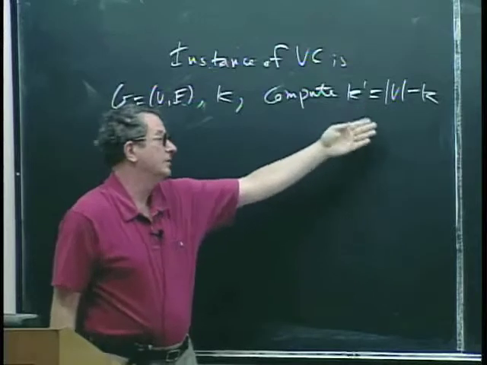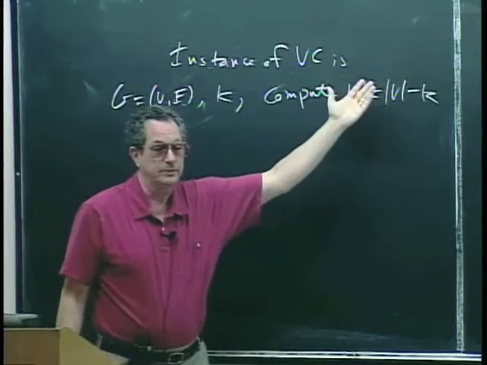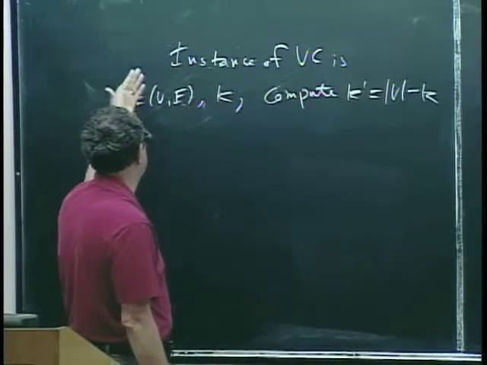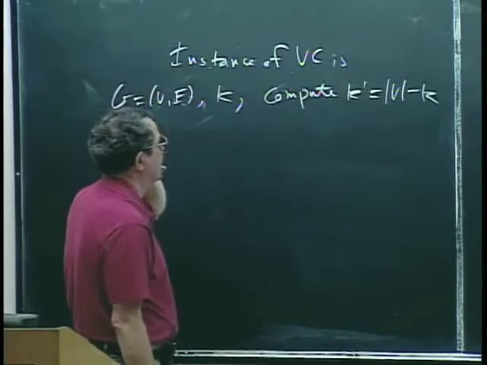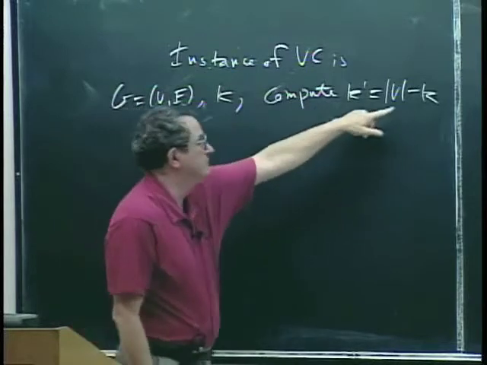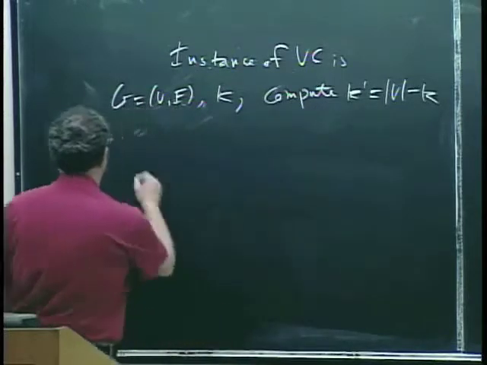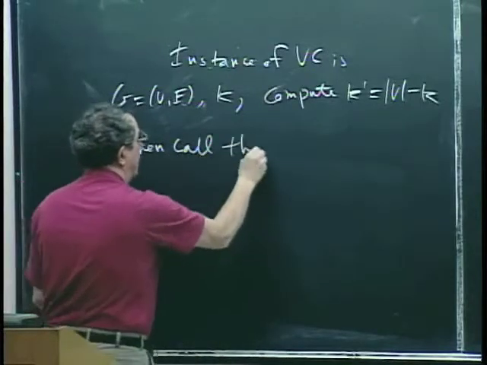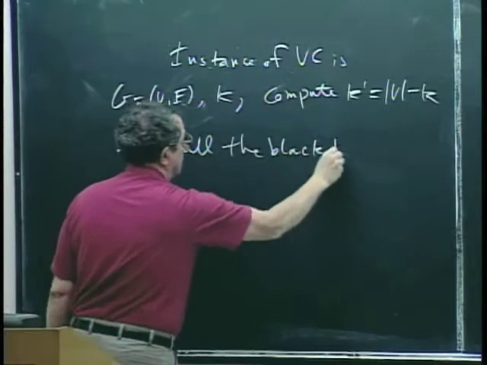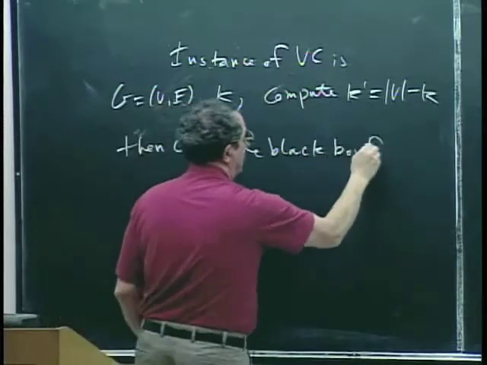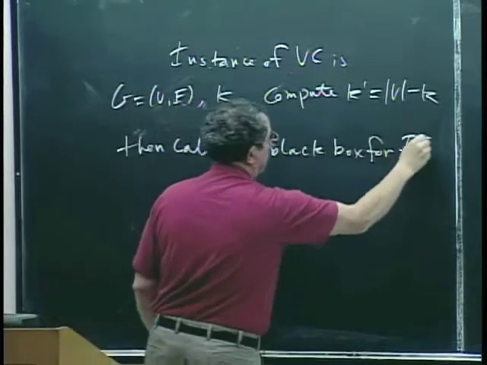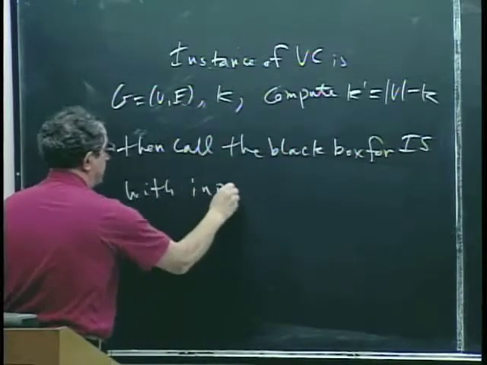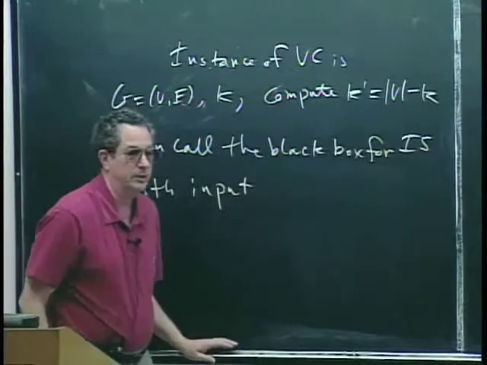One trivial subtraction. Polynomial time as a function of the input size, which is the vertices and the edges, the description of that graph. So you do this little arithmetic, and then call the black box for independent set with input. Well, what's the instance of independent set that we're going to use?